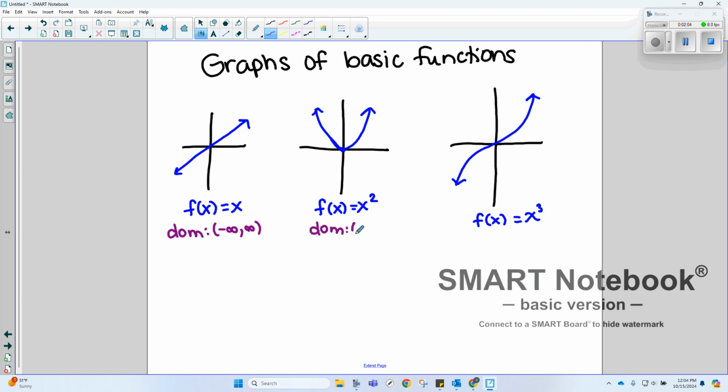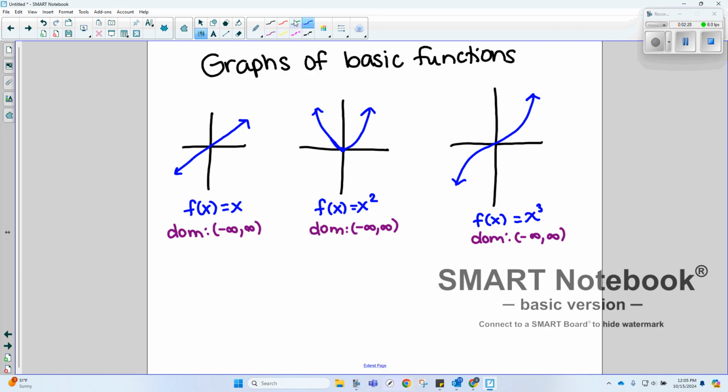We've also mentioned that polynomial functions will have a domain of all real numbers, whether it's x or x squared or x cubed or x to the 47th, there is not going to be any restriction on what we can plug in for x. All of those graphs will go left forever and they'll go right forever.